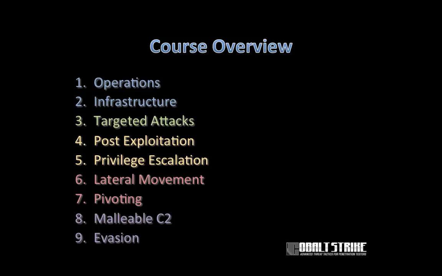Finally, we'll wrap up this course by talking about 2 advanced but very important topics, and that's malleable command and control, which lets you change Cobalt Strike's indicators to look like another actor on the wire. And we're going to talk in great depth about evasion in a modern context with Cobalt Strike.